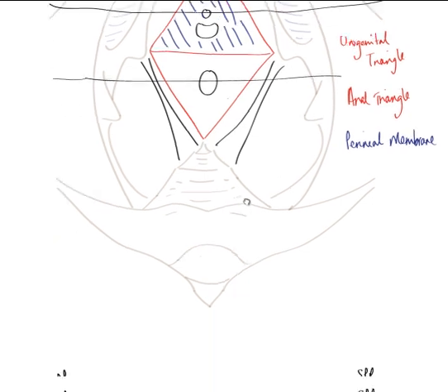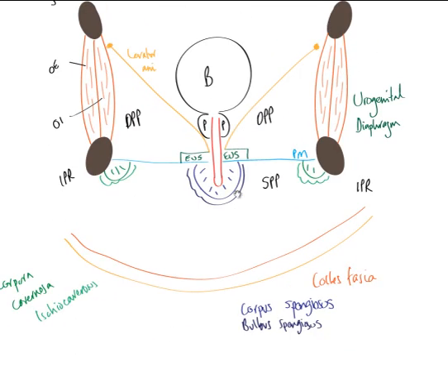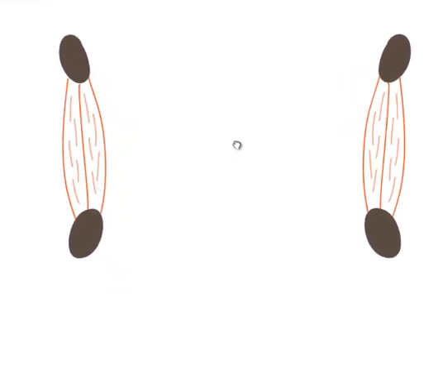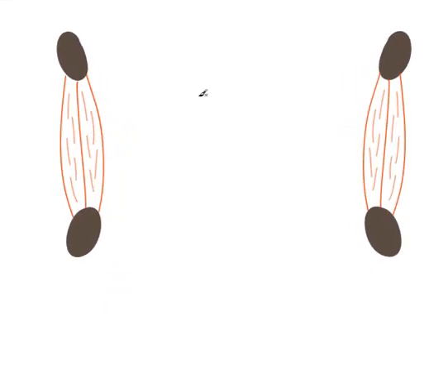If we now return below to another coronal image, we can try and have a look at the ischioanal fossae. So what we've got again are our two superior pubic rami and our inferior pubic rami. Again, we have our obturator foramen and obturator externus and obturator internus muscles.